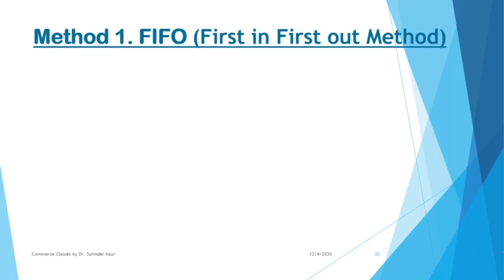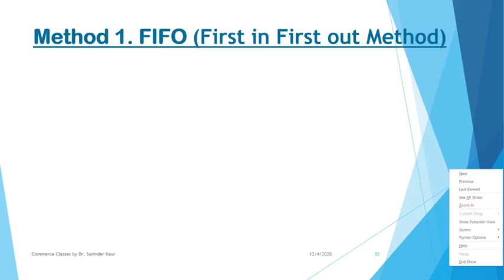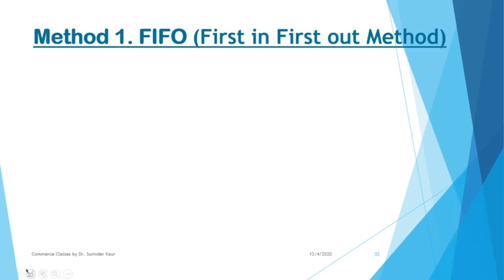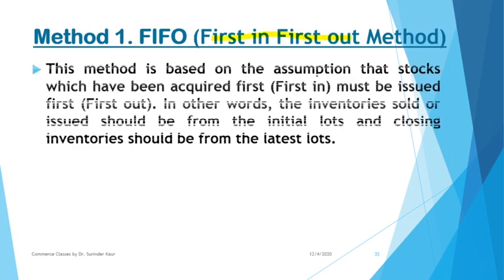But for valuation, we are just following this approach that we assume that the stock which has been acquired first will be sold first. All right. So this method is based on the assumption that stock acquired first will be issued first.